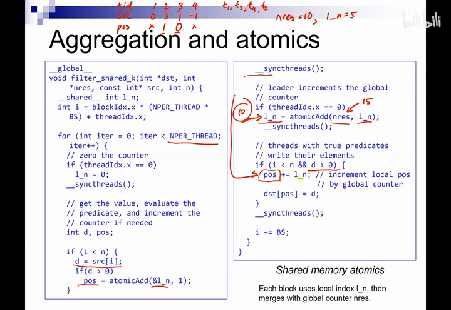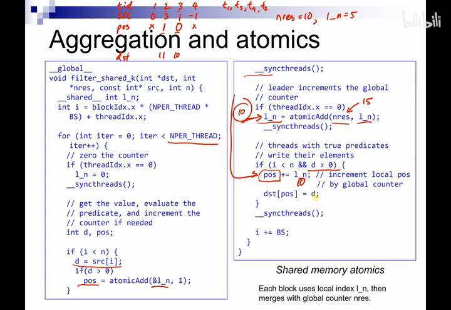So the threads are going to take this value 10 over here, and thread 2 is going to add 1 to it, and then thread 3 is going to add 0 to this. So let me write this down here. Thread 2 is going to write into destination position 11, 10 plus 1, and then thread 3 is going to write into position 10.